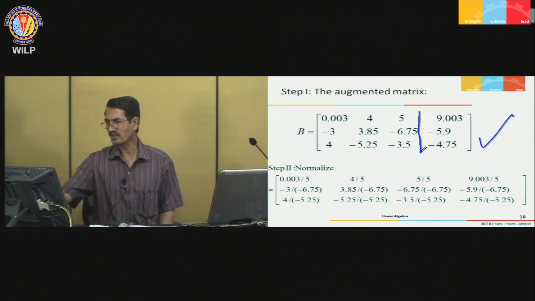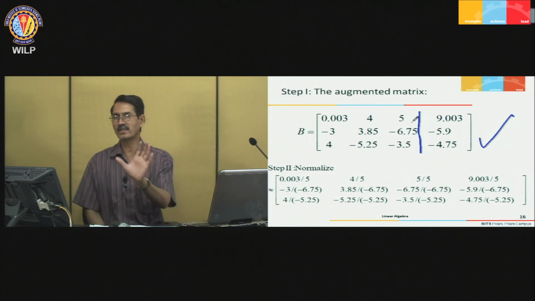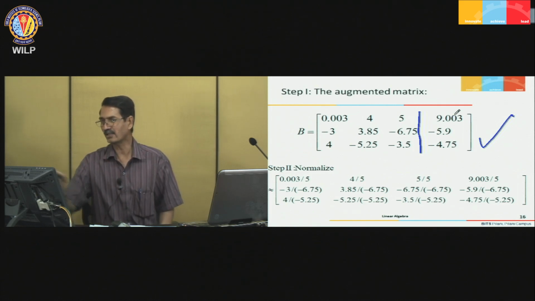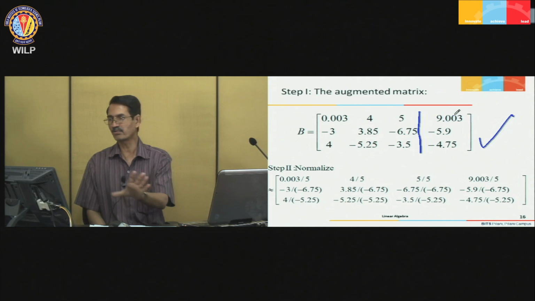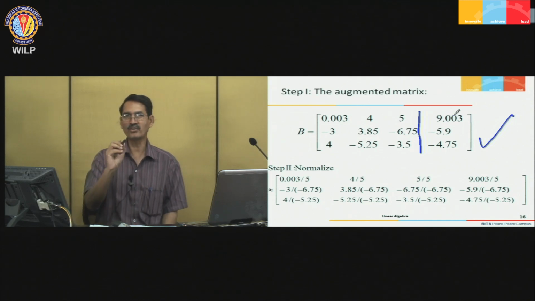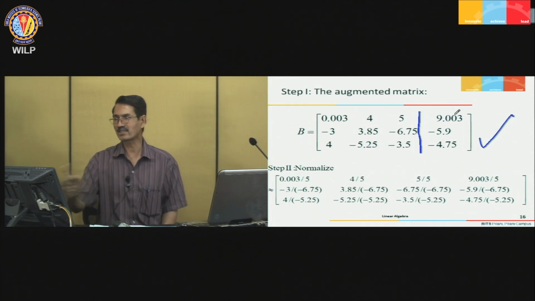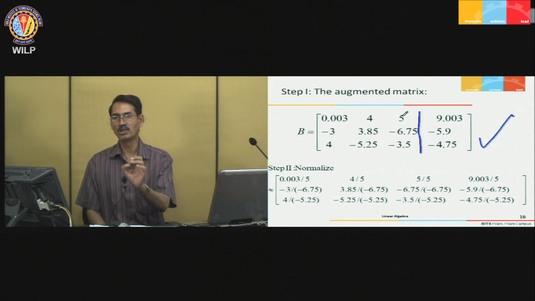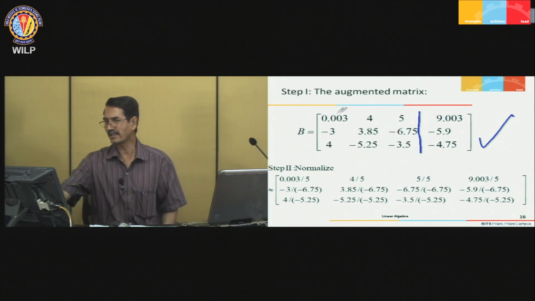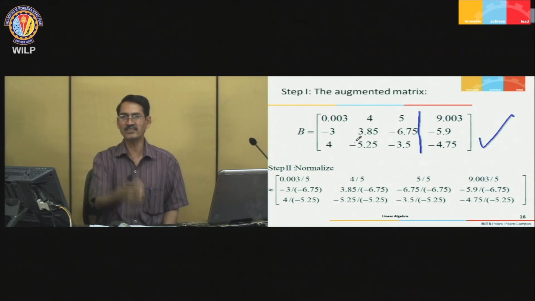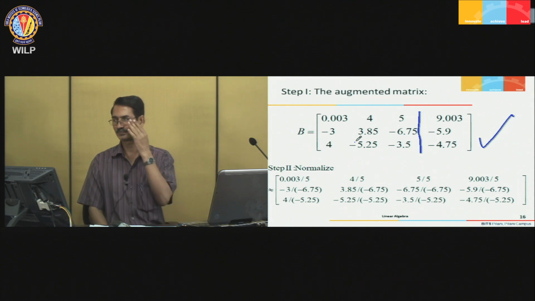Look at here, the first row is 0.00345, this is the matrix A. Look at here, although the second element is 9 also, we are not bothered about 9. We shall see here the entries of the first row of the matrix A, which one is the largest element is 5, but it has to be 1. Therefore, what we shall do? We shall divide each element of the row by 5, so that this 5 will be 1 and other elements automatically will be less than 1, because it is the largest element.